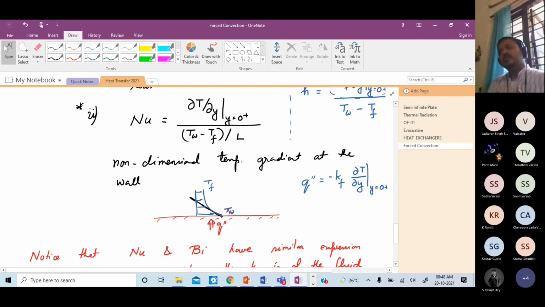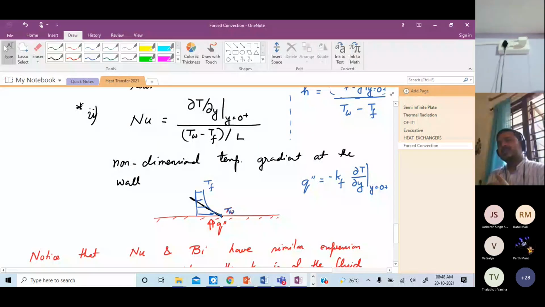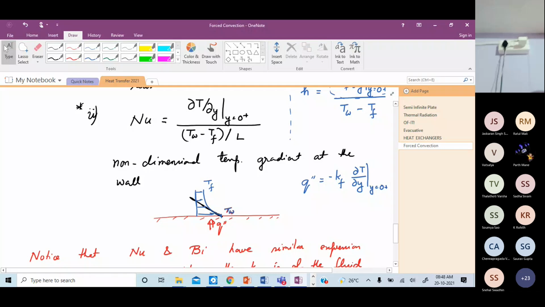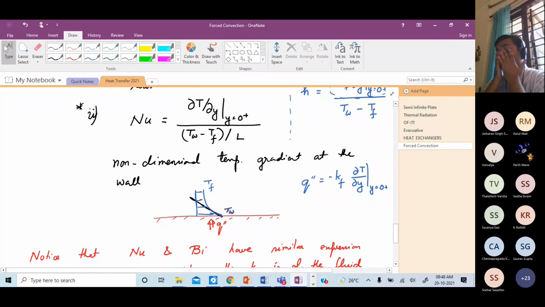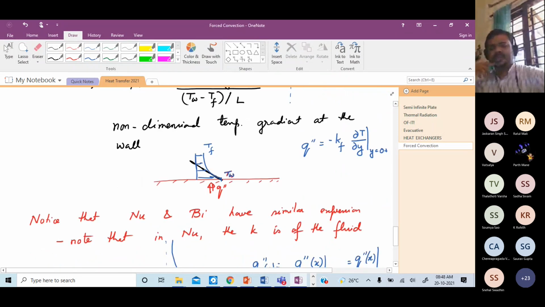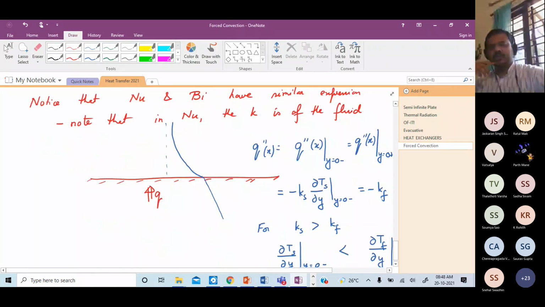Even when the heat transfer coefficient is very low, it is possible for lumped capacitance to be valid, provided the Biot number is less than 0.1. That doesn't have any dependence on the dimensions or anything. Okay, all right.